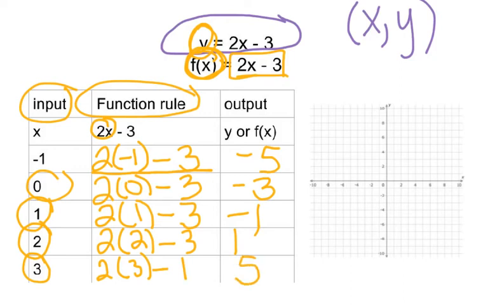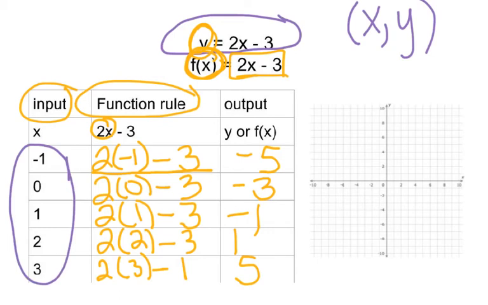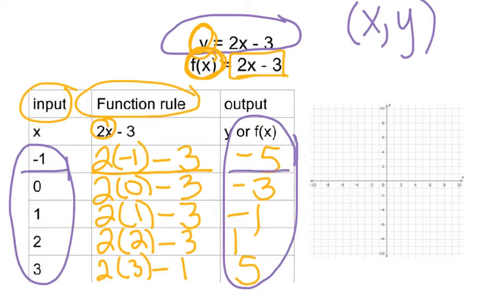So now what I have is my inputs and my outputs. When I put in the -1, I got out a -5. So if I wanted to come over here to my graph, it's going to be hard because it's a little graph for me.